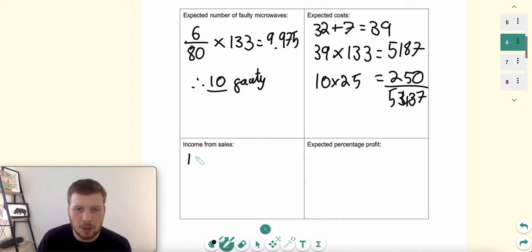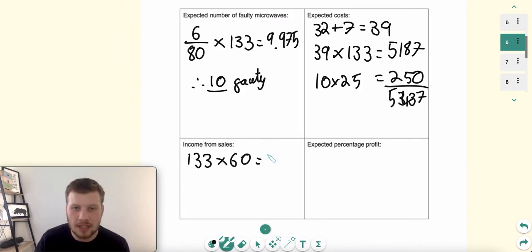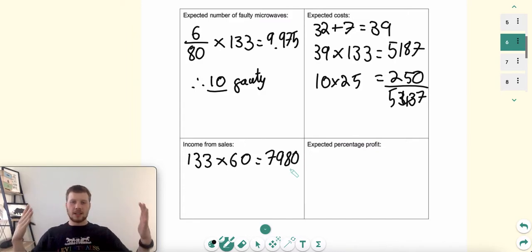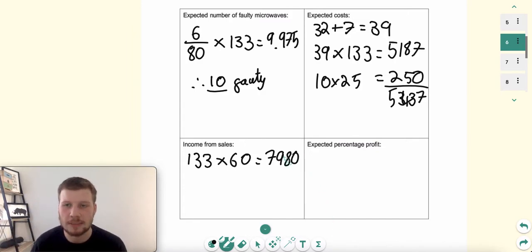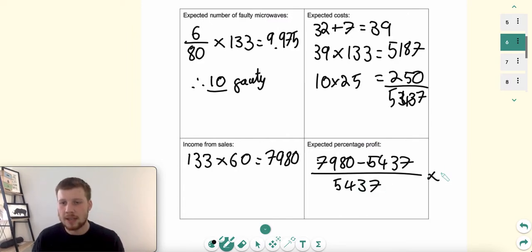Her sales, assuming she sells every one, well, she sells them for £60 each. 133 times 60 is 7980. So if she sells everything, it's going to be £7,980, and it cost her £5,437 to buy them. So expected profit, well, it's the difference between what she sells them for and what she buys them for, divided by however much she bought them for, times by 100.